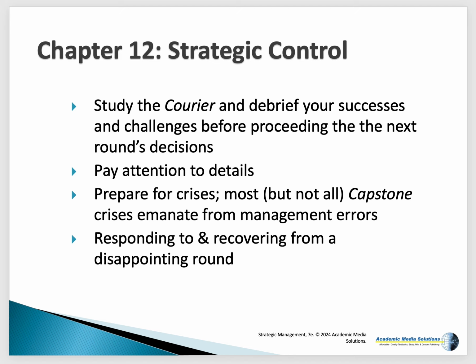Those are things that can happen in the practice round and no problem if they do. But when you get in the competitive round, you want to avoid those. But you want to prepare for those. You want to avoid the management error as much as possible.